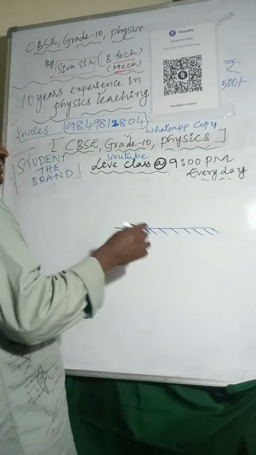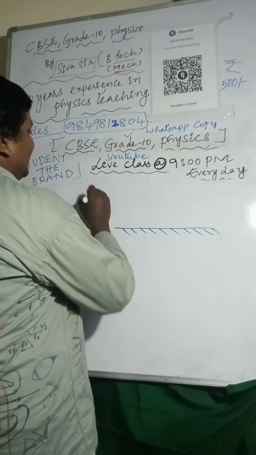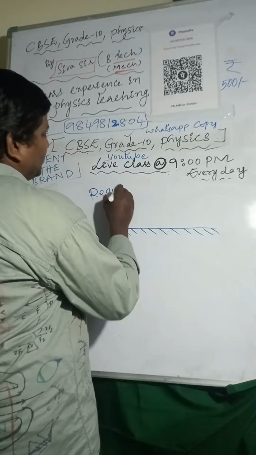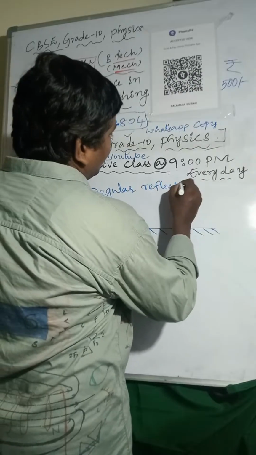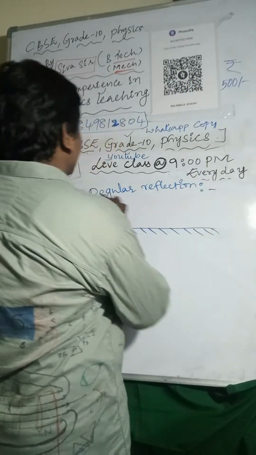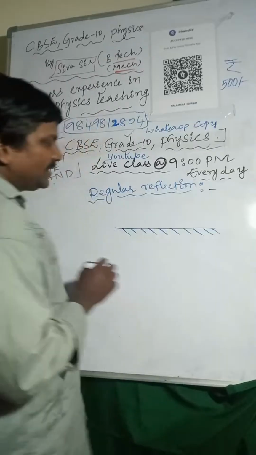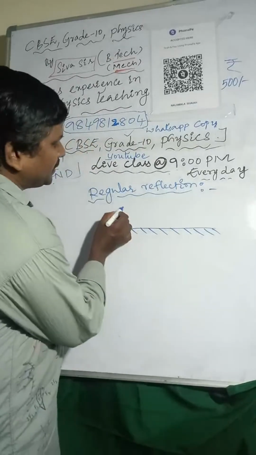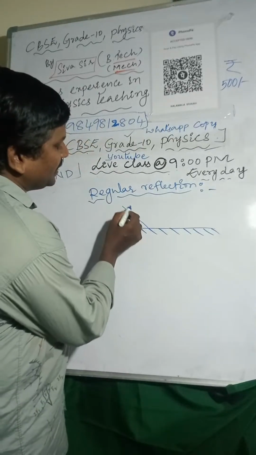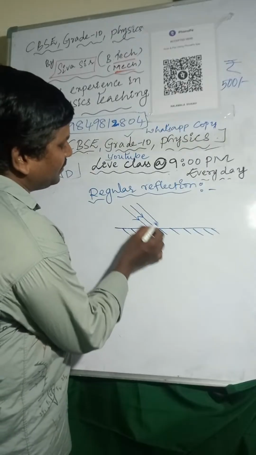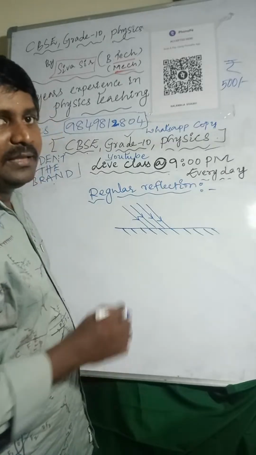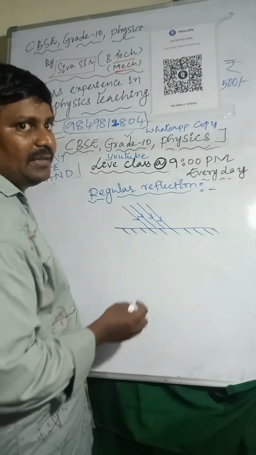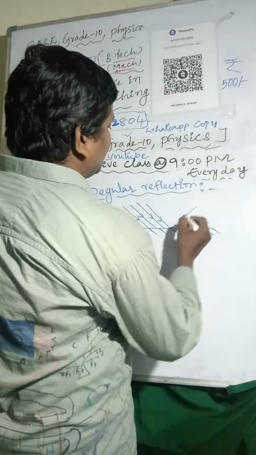So I am taking this regular reflection. What is a regular reflection? Regular reflection is when the incident beam is parallel. I am taking this incident beam like this. If the incident beam is parallel, then the reflected beam is also parallel, and this type of reflection is called regular reflection.